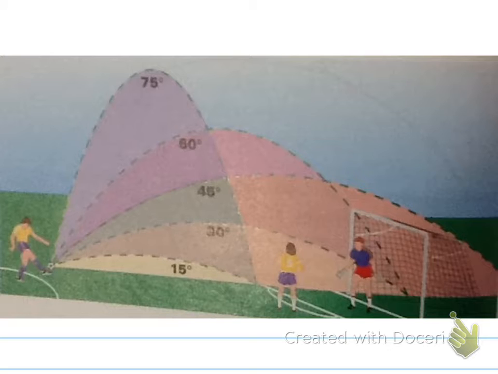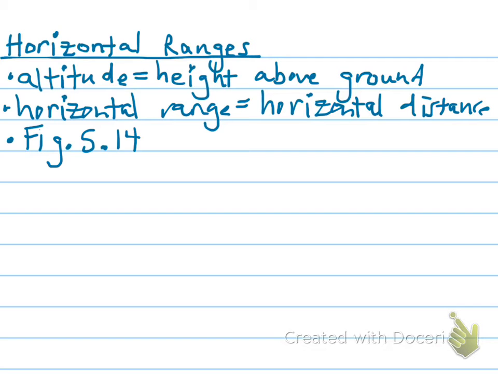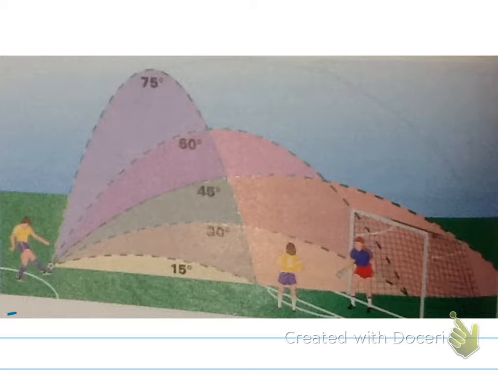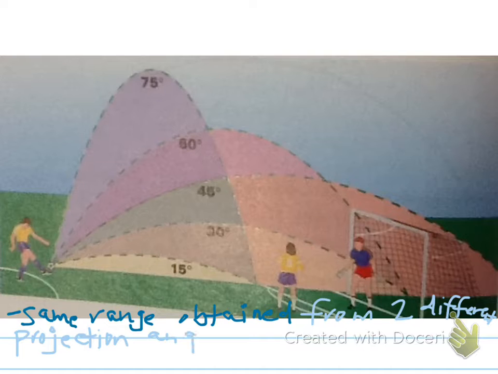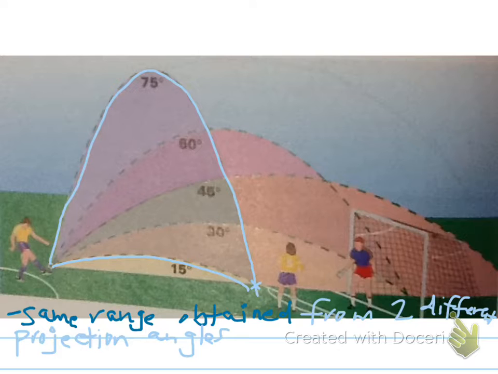And what we want to notice about this is that the same range is obtained from two different projection angles. So notice to get here, I can use a 15 or I could use a 75-degree angle.